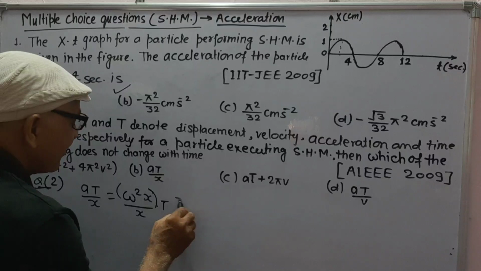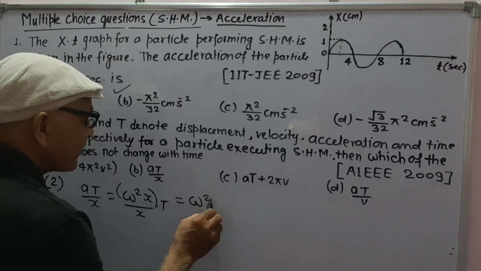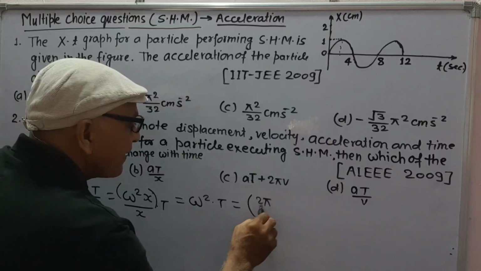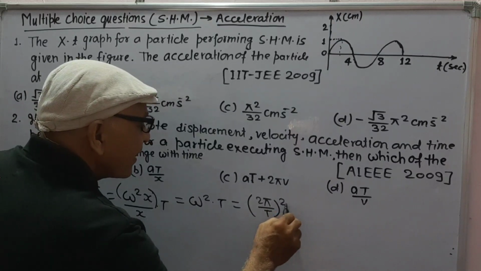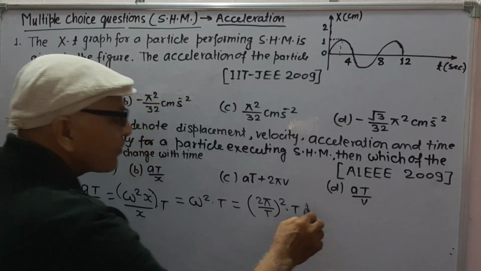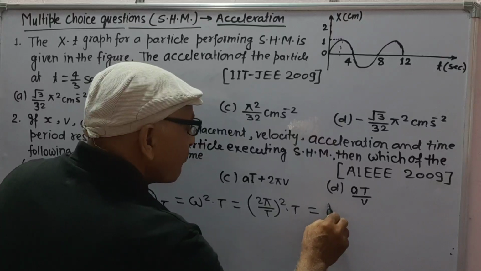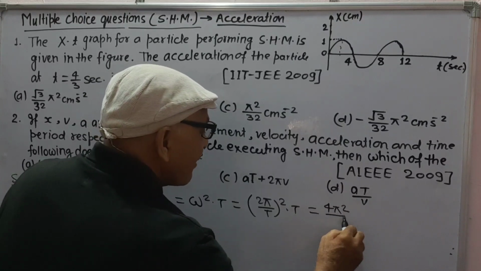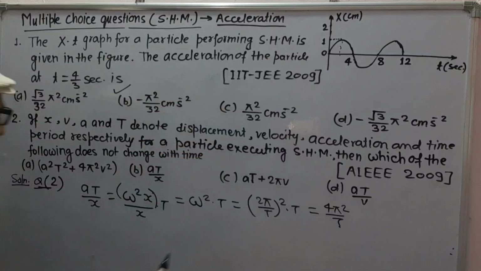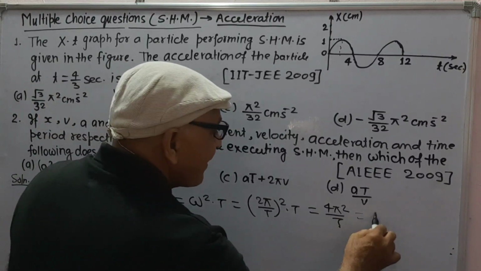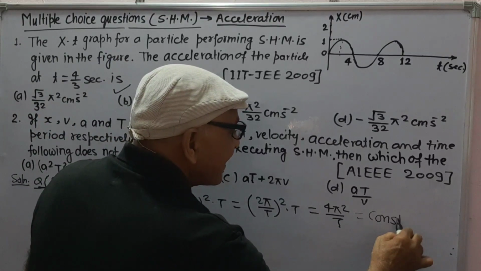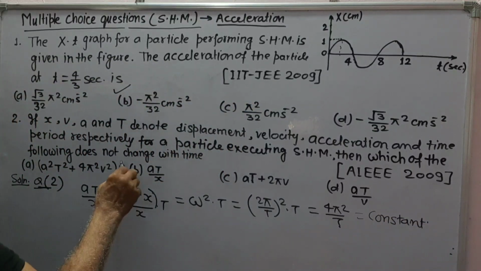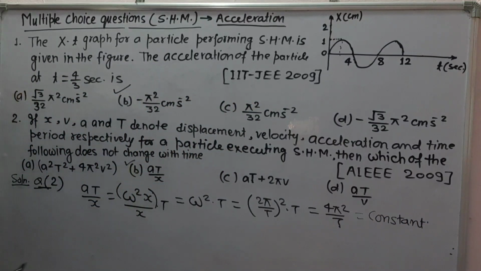X cancels out and we get omega square into T. Omega may be written as 2 pi by T, its square into T. So we get 4 pi square upon T, which is constant. So the correct option will be B.